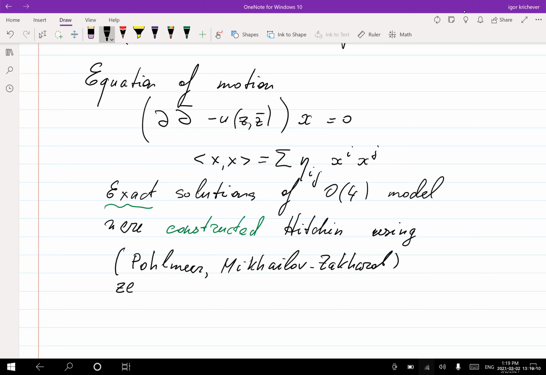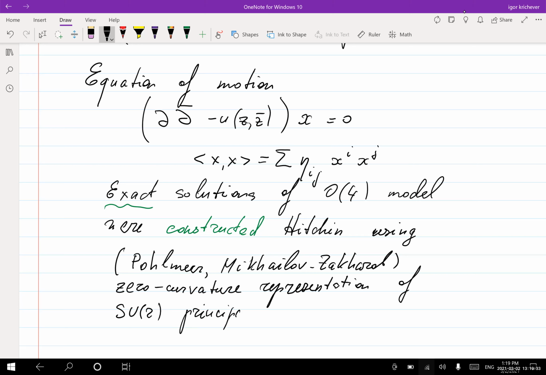zero curvature representation of the SU(2) principal chiral field.